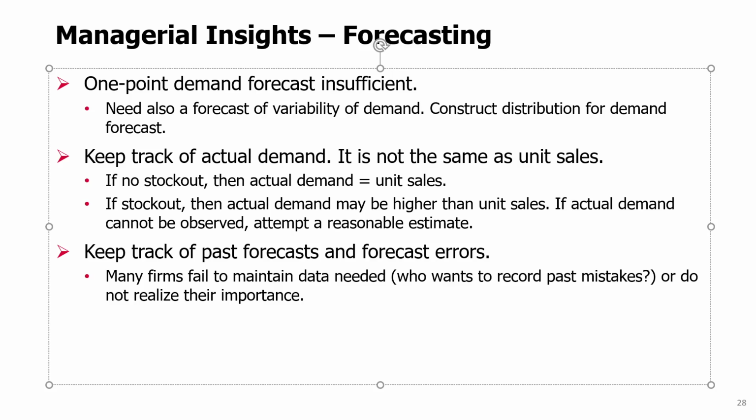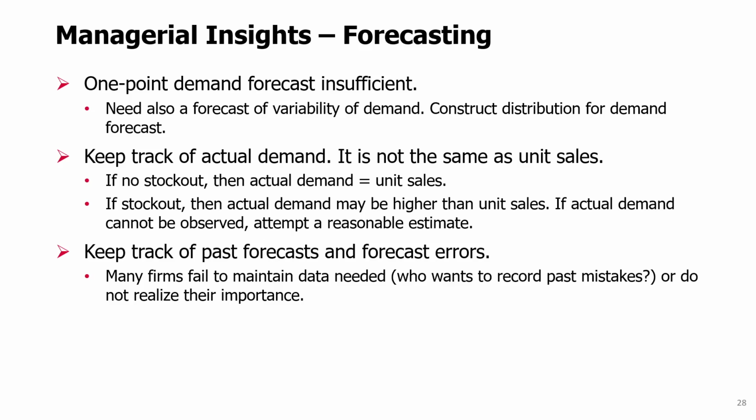And the final point about forecasting is that it's important to keep track of past forecasts and forecast errors, right? So we have to keep information about past forecasted values and the actual values, even though it's hard to keep a log of mistakes. Who wants to memorize all the mistakes they did? Oh, I forecasted 1,000 and demand was really 5,000, or the other way around.